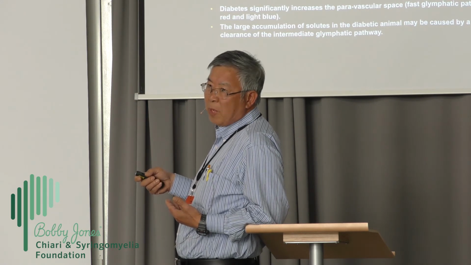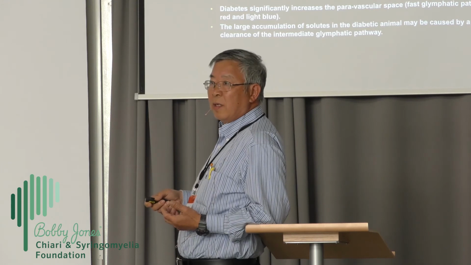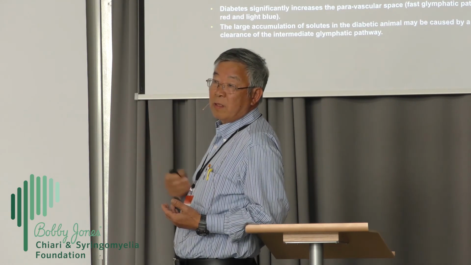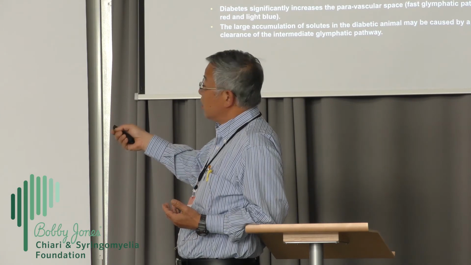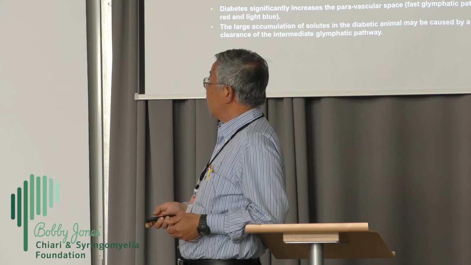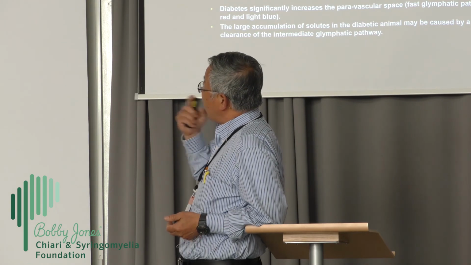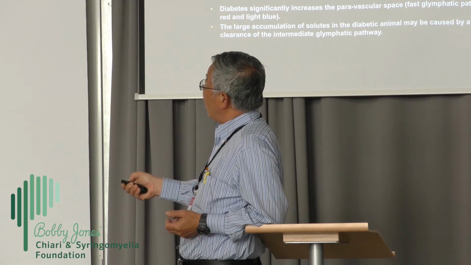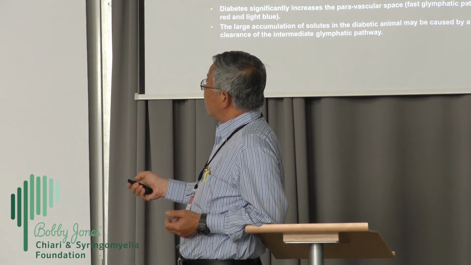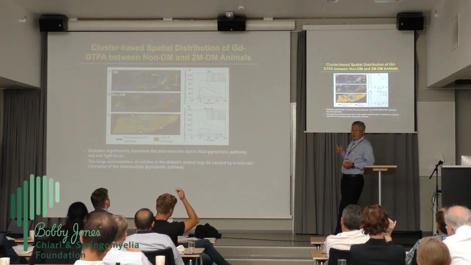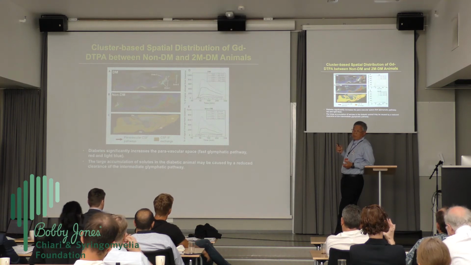From published data, diabetes does increase the paravascular space. We used this kind of analysis to confirm the result. Another very interesting finding is that the diabetes animal shows a decrease in the area with the intermediate clearance pathway.